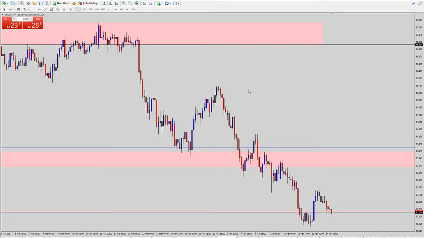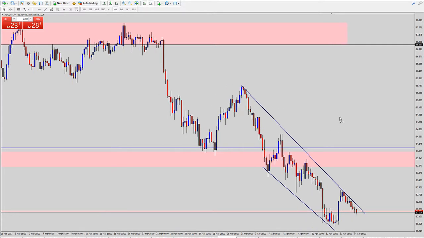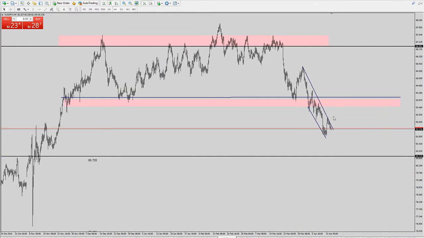And as you see on a 4-hour and daily, we're in a strong downtrend, so you could probably get in on the pullbacks. And we'll probably ride that all the way down to the 80.72 zone.